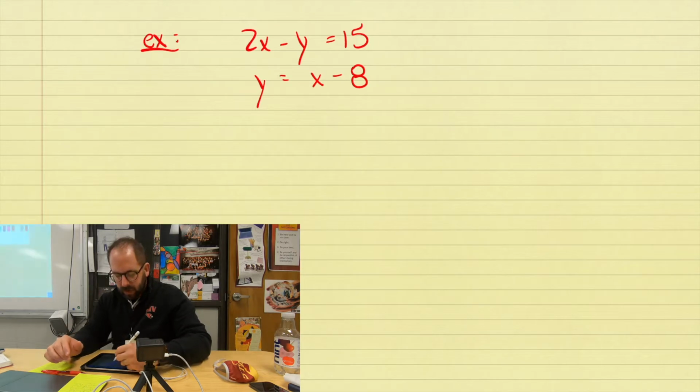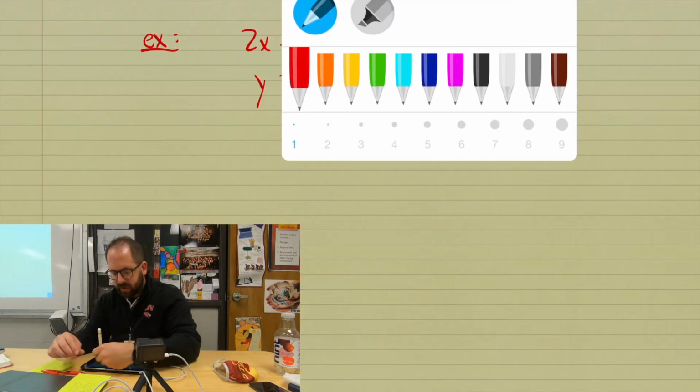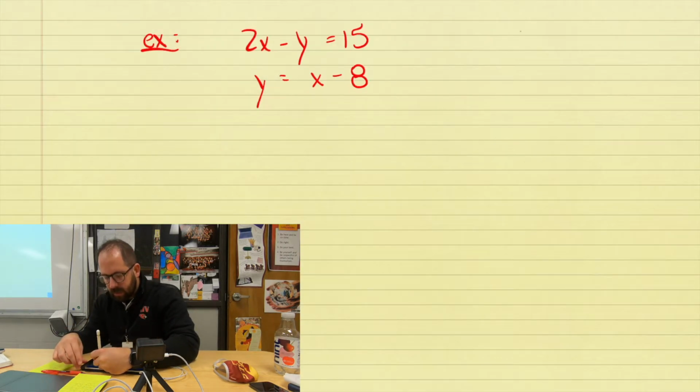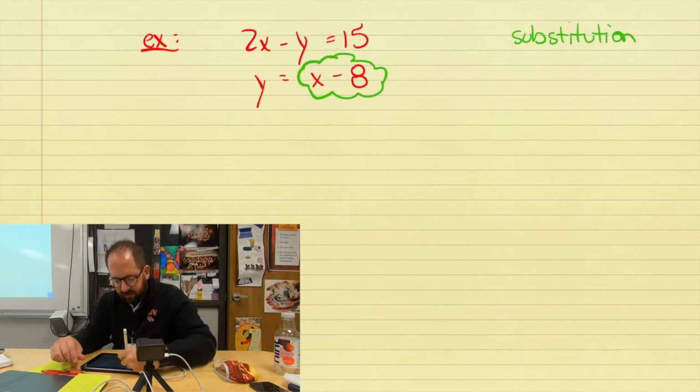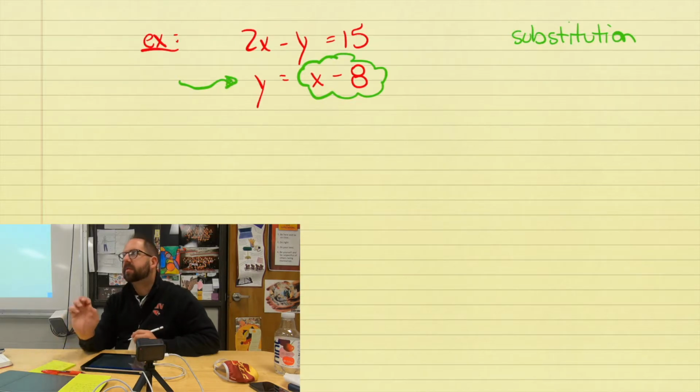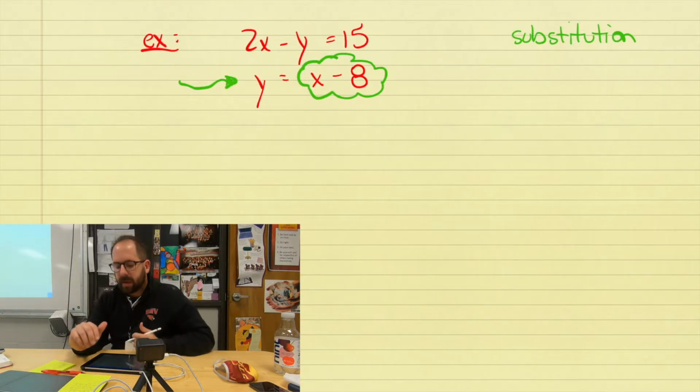You should use the substitution method because the y in the second equation is by itself. This y is equal to x minus 8. It's by itself. That's why we choose this method, because the y is by itself, or x is by itself.